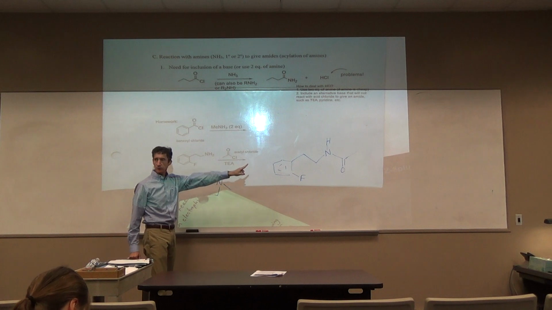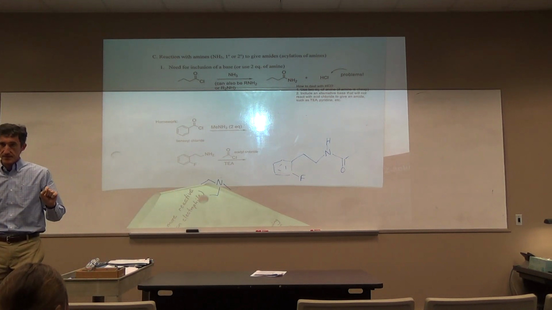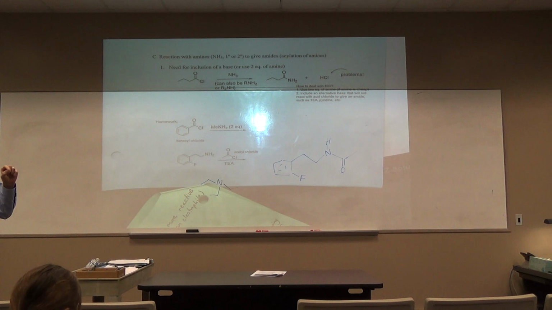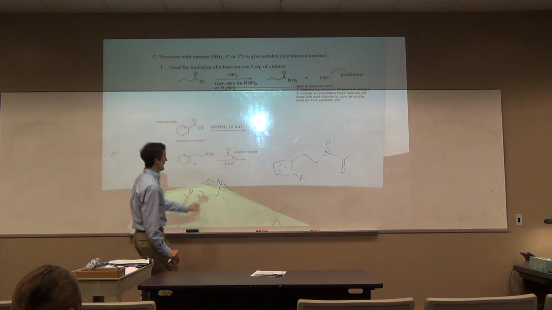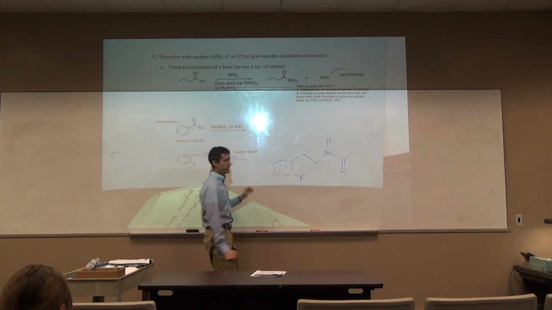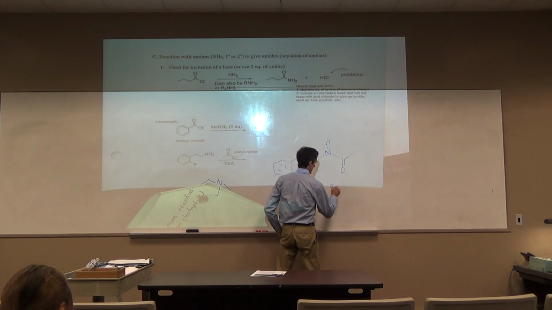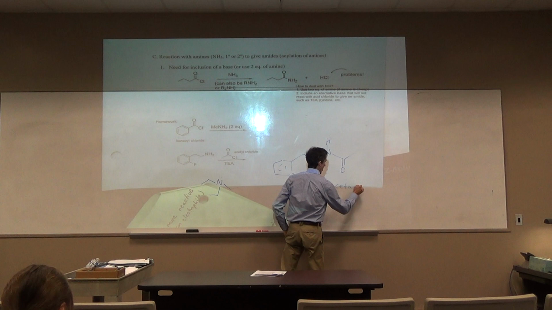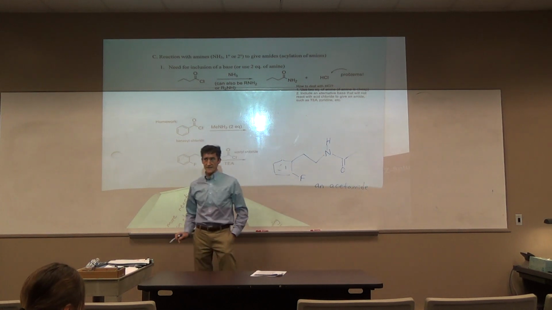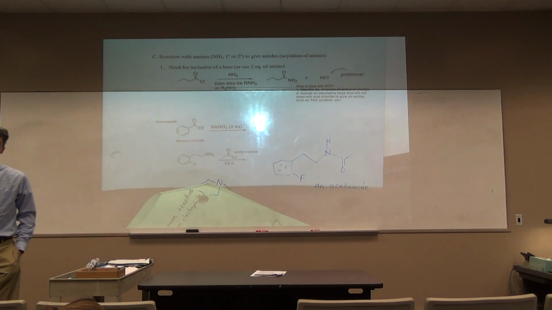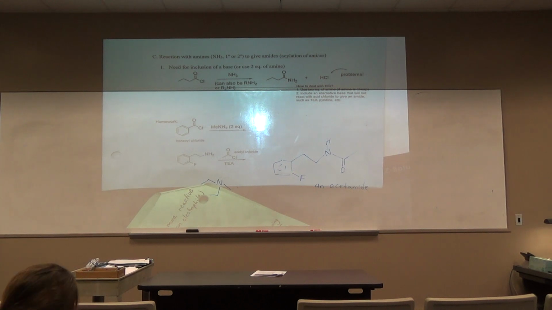What type of functional group did we make? Amide. But what type of amide specifically? Acet. Call it an acetamide, because the nitrogen has that acetyl group, the CH3 carbonyl. Use of acetyl chloride would give an acetamide.